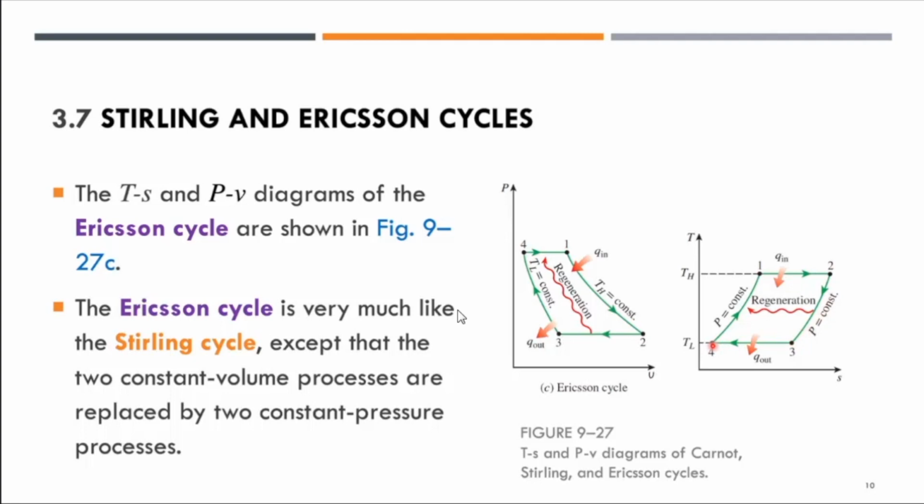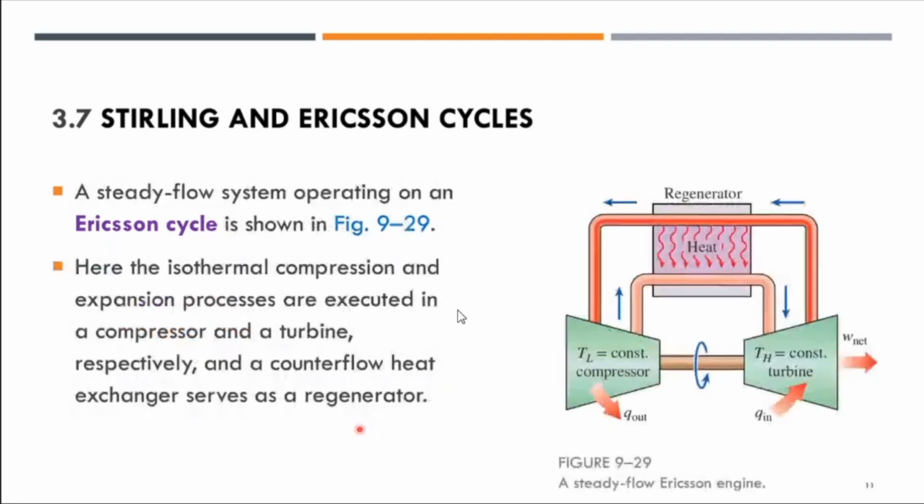Compared to the Stirling engine, the only difference is that it happens at constant volume instead of constant pressure. I hope you can understand that those are the main differences between the Ericsson cycle and the Stirling cycle.